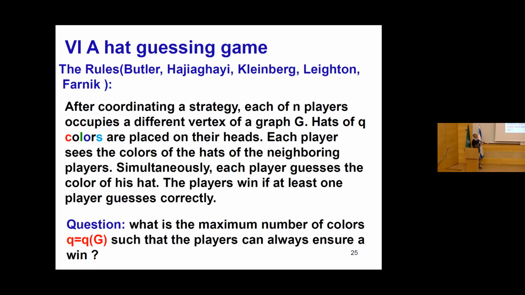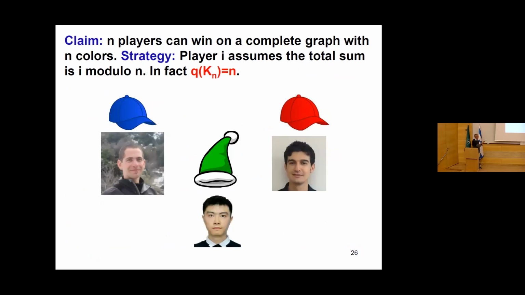So this is a hat guessing game that was considered by Fanning, my partner here. And instead of reading it, let me show you the picture. This is together with pictures of my co-authors on this, Omri Ben-Eliezer, Tzachi Kamu, and Chong Changwan.